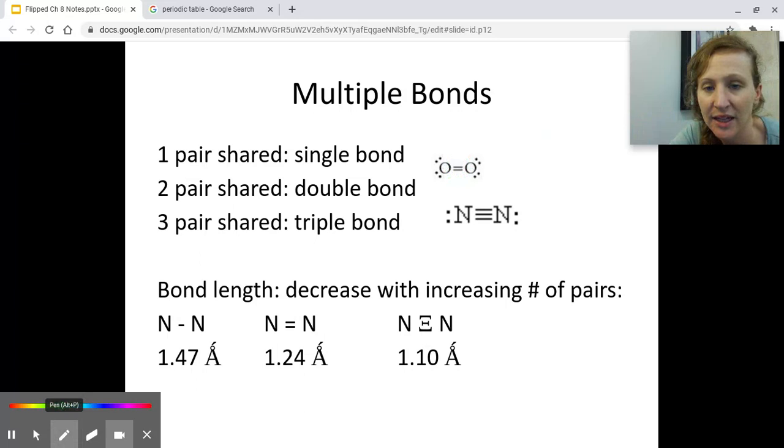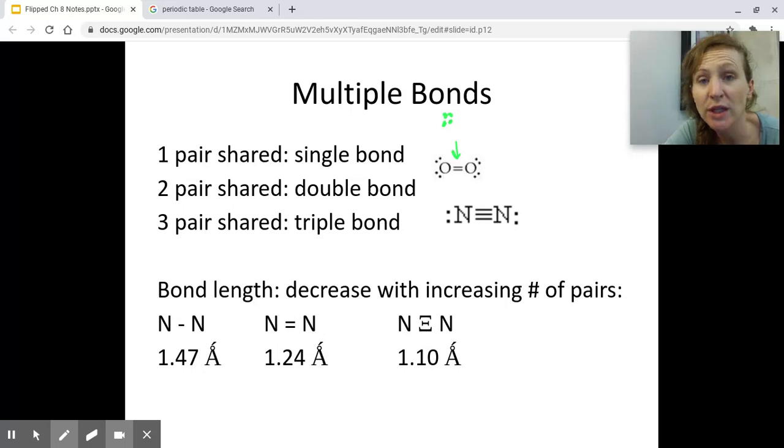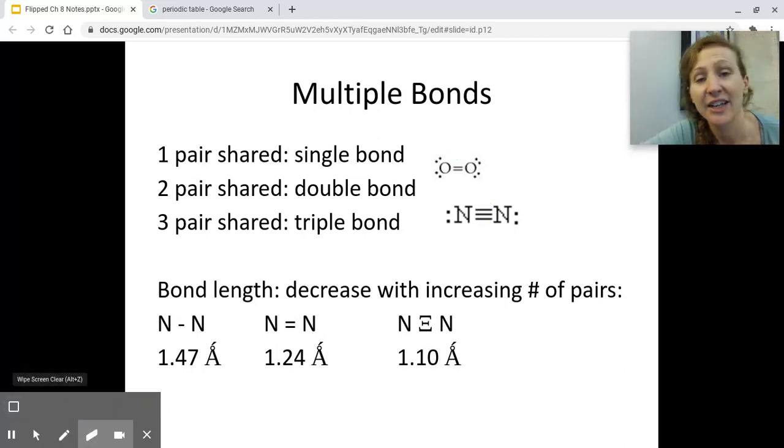And what that is, is 4 total electrons. It's 2 pairs of electrons. So each of these lines represents 2 electrons. So how many electrons total are you going to find in a triple bond? And if you said 6, you are right. So 6 electrons total in that triple bond, 3 pairs of electrons.